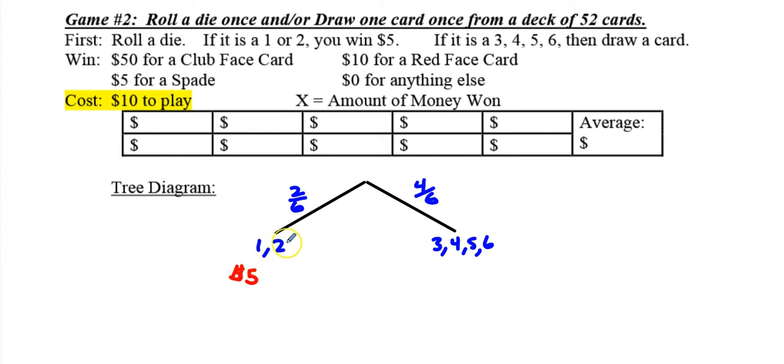You need to label the outcome, you need to label the probability, and when a branch leads to the termination of the game, you need to write down how much money the player walks away with. Now, if they roll a 1 or a 2, they win $5, but as you can see, it costs $10 to play. So what you have to do is subtract $10 from that, which means they actually win negative $5.